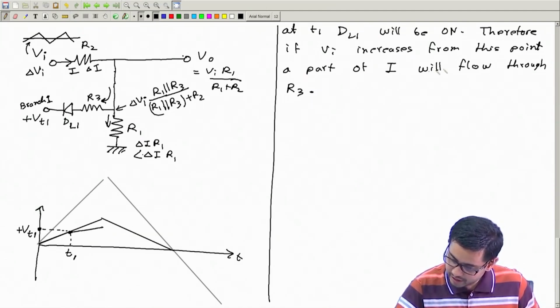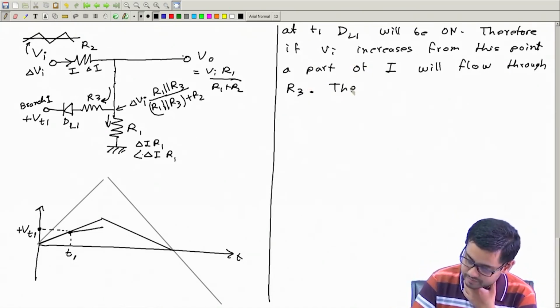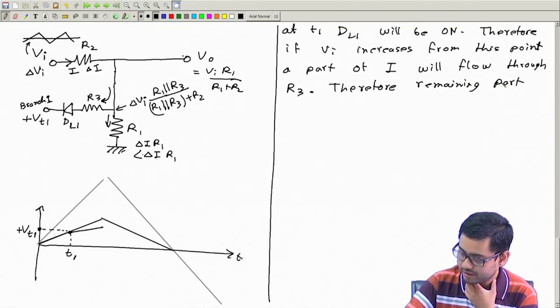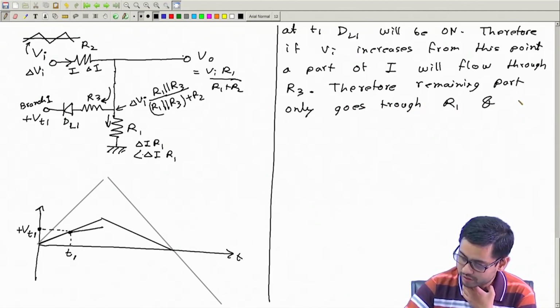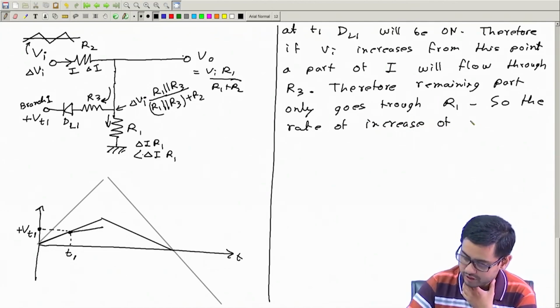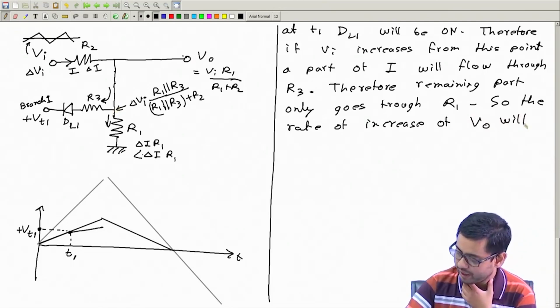Let me write, increase I will flow through, so a part of I will flow through R3, therefore only the remaining part goes through R1, and so the rate of increase of this voltage, which is same as VO, will become slower.